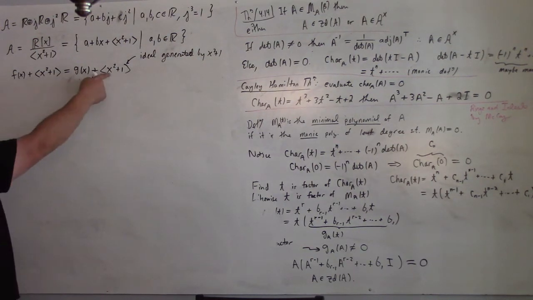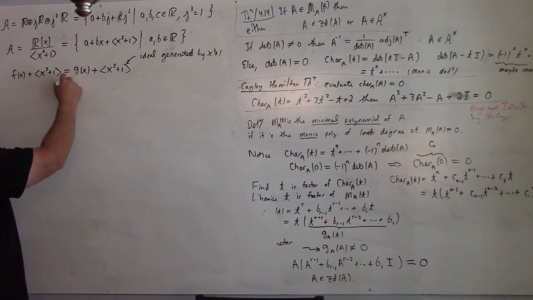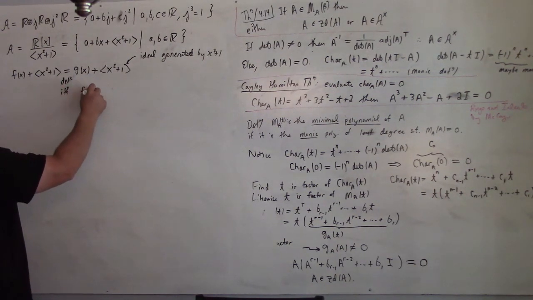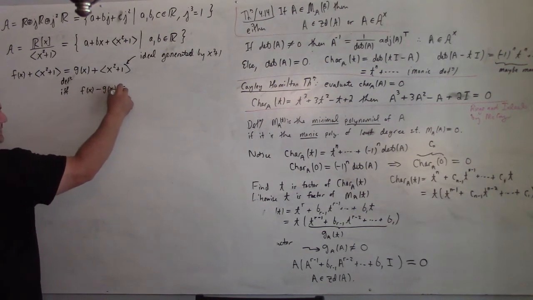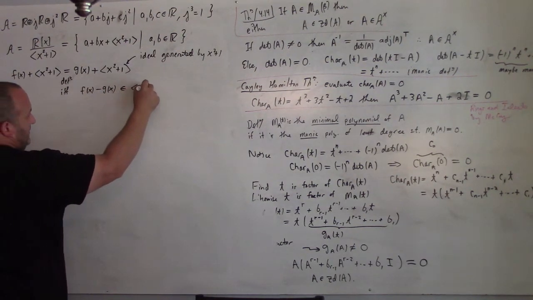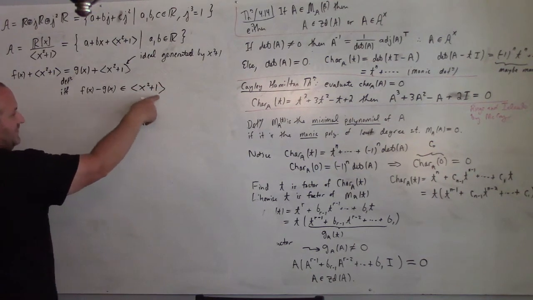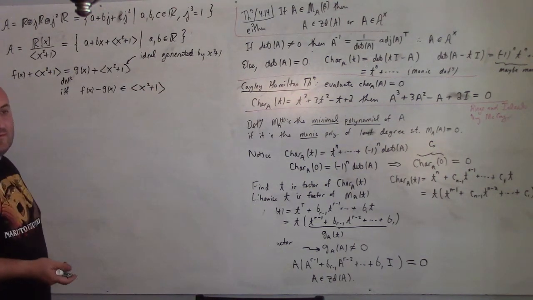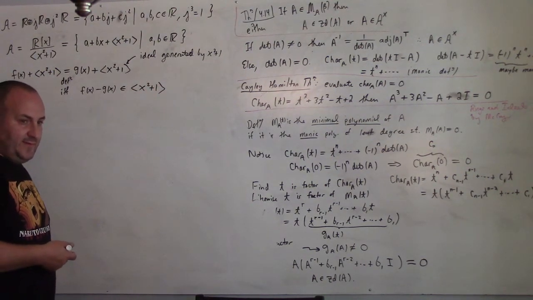This is equal to this, by definition, if and only if f of x minus g of x is an element of the ideal generated by x squared plus 1. Now you might say, you never even defined what that means. Fair enough, you caught me.